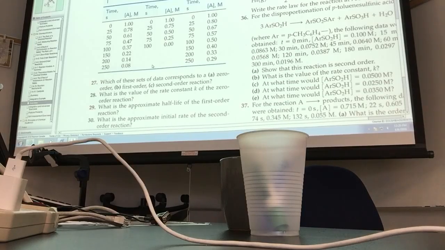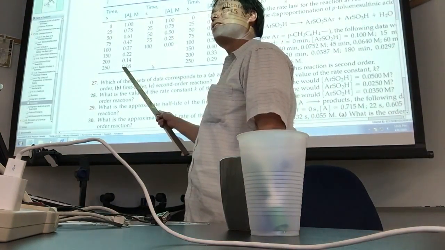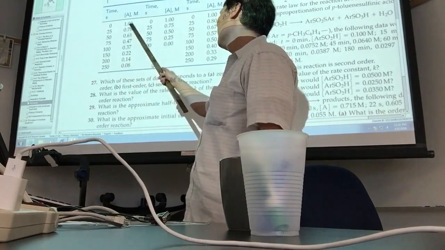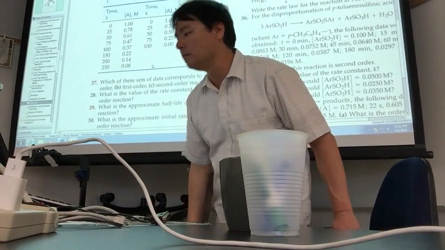A long time, infinity. For first order and second order, we usually say, okay, 99% is long enough, that's complete. Say, cut it off there. But here, this is kind of weird because we'd never wait until this gets to zero. How long would you have to wait for this to get to zero? Too long. And so you'd say, well, after 99% reaction, maybe we'll call it complete or done.